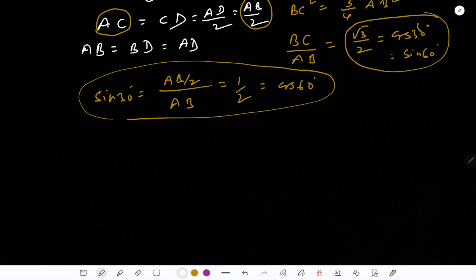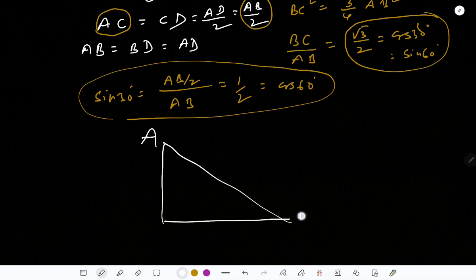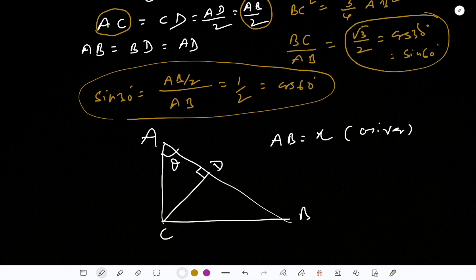Suppose I'm giving you a triangle. Let's name its corners ABC, and draw a perpendicular from C to the side AB, and name this perpendicular CD. And if AB equals X, that is given, and this angle is theta, then express all the lengths of the segments in terms of X and theta.